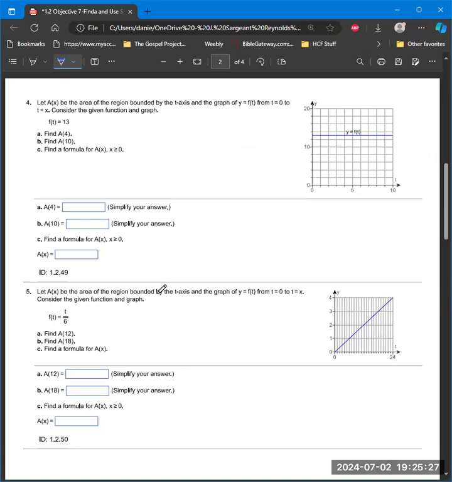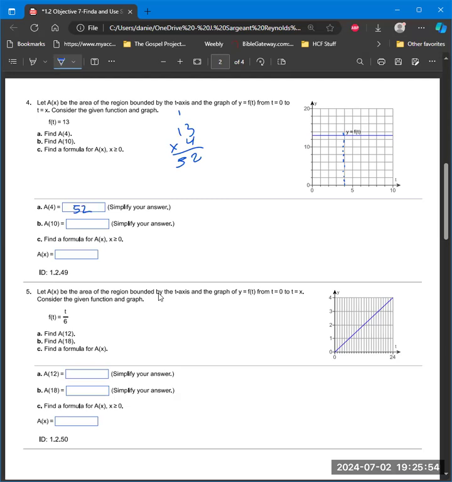Come on down here, we have the constant function f of t equals 13. So let's find the area between 0 and 4, below the function and above the x-axis. This is going to be 13 times 4 is 52, because we have the area of a rectangle, length times width.